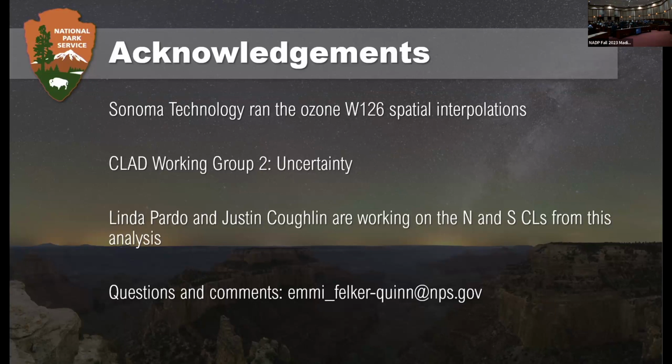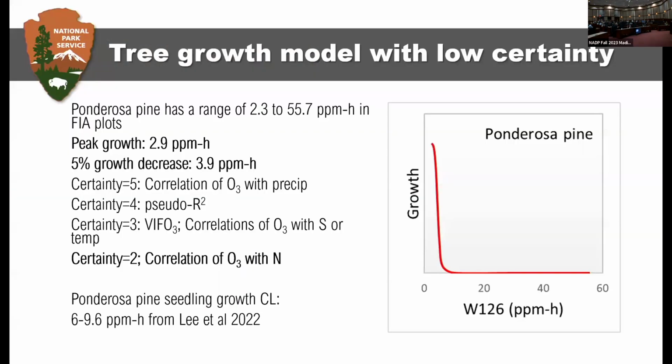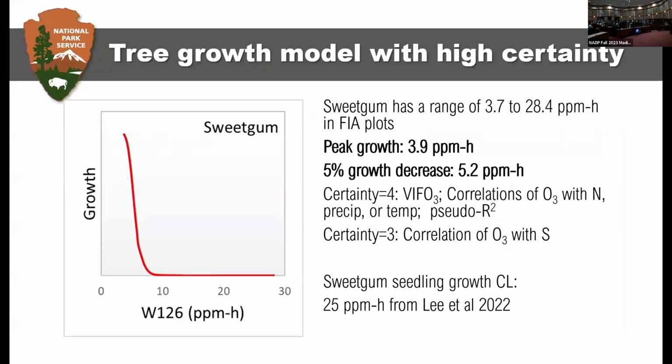Are the values that are coming out of this initial analysis similar to previously measured ones, like in open top chambers? That's one of the interesting things: from our first look, the values for the mature trees are actually much lower than they are from the tree seedling studies that are done in the open top chambers.